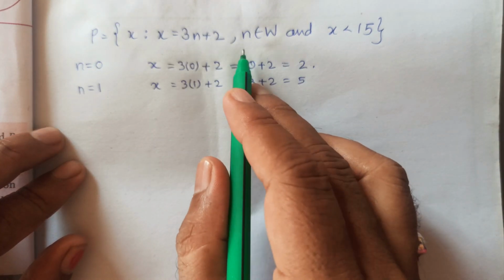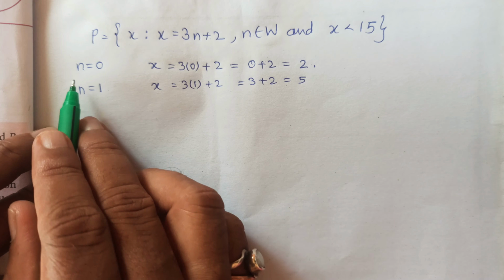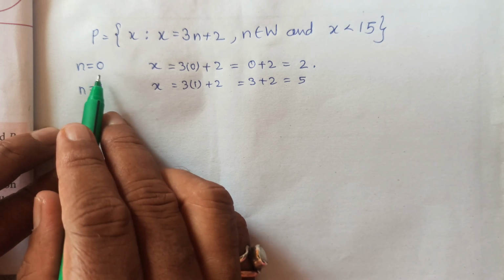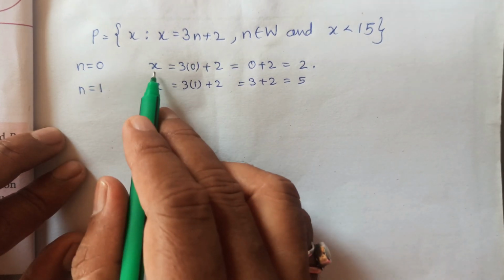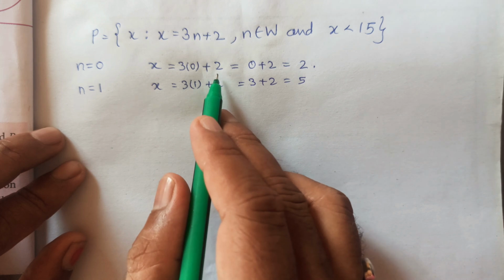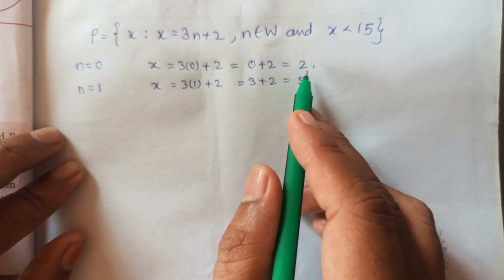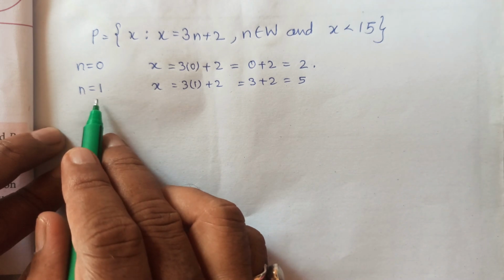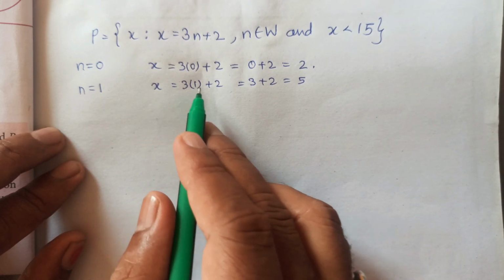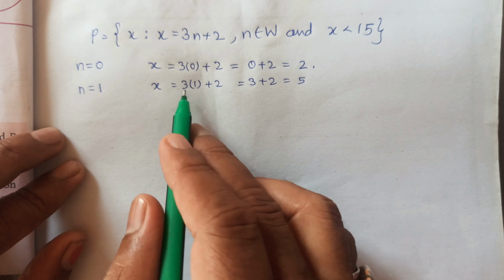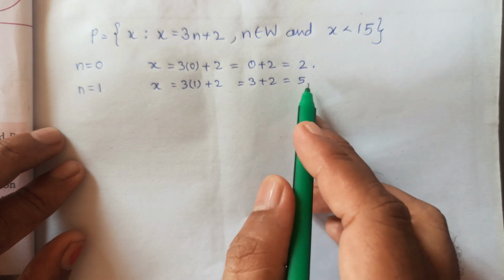First we take n equal to 0. Then we substitute: x equals 3 into 0 plus 2. So 3 into 0 is 0, 0 plus 2 is 2. Then we come to n equal to 1. So x equals 3 into 1 plus 2. So 3 into 1 is 3, 3 plus 2 is 5.